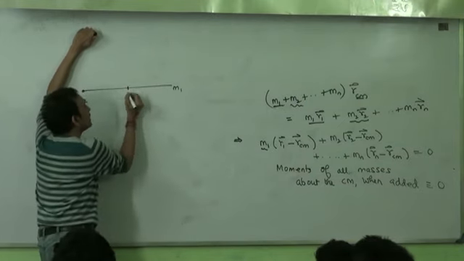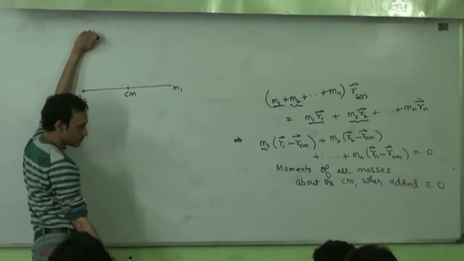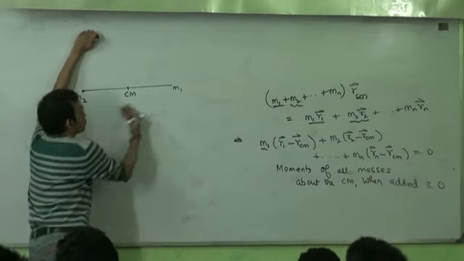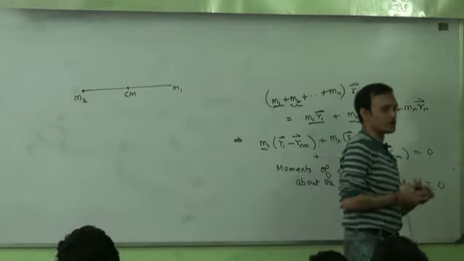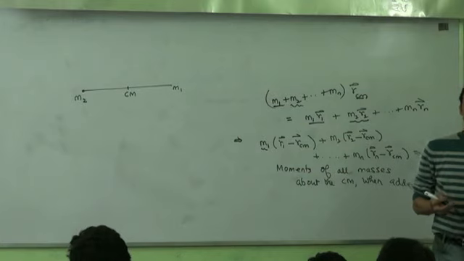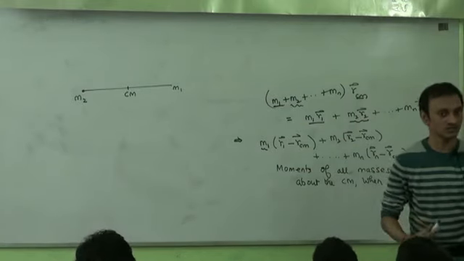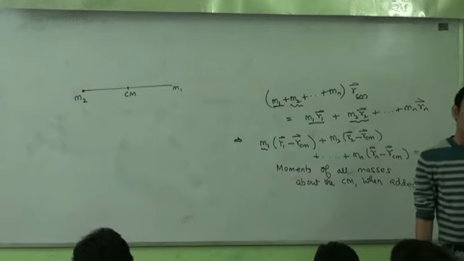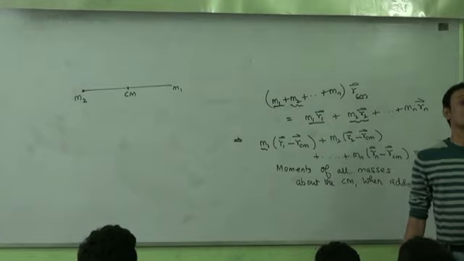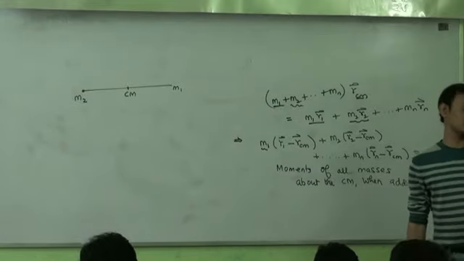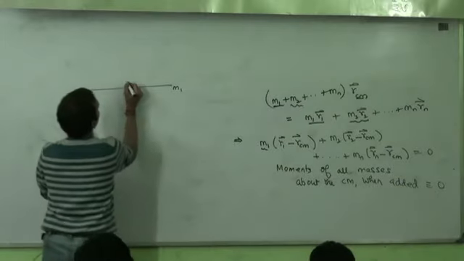Now, in a one-dimensional scenario, a mass on one side of the center of mass will be looked upon as producing a positive moment about the center of mass. All masses on the other side of the center of mass will produce a negative moment about the center of mass. What I really mean is, suppose the center of mass was the origin.